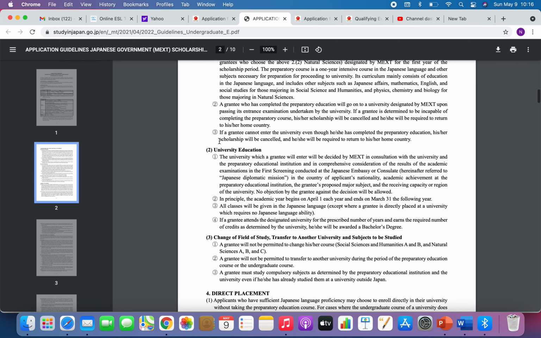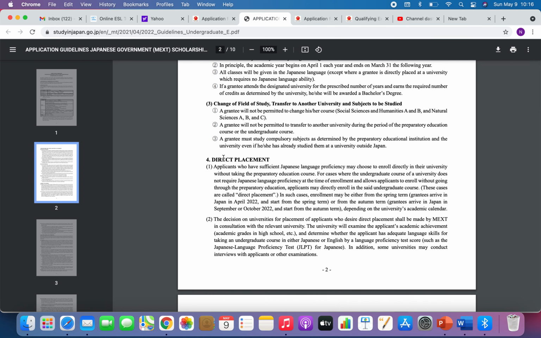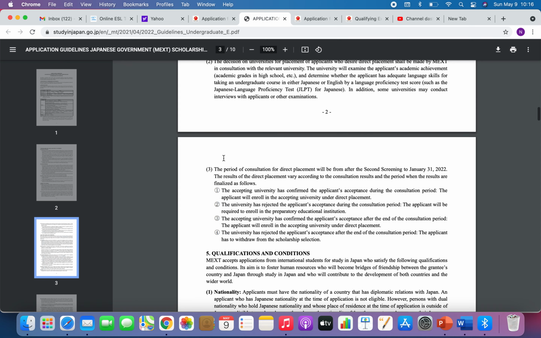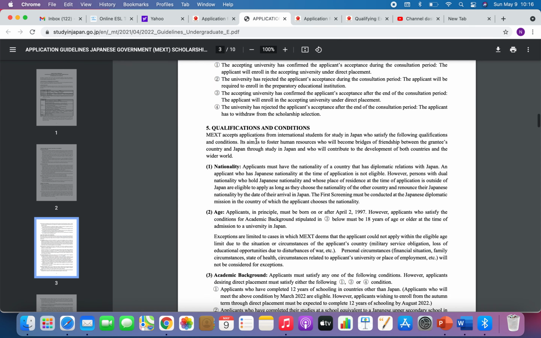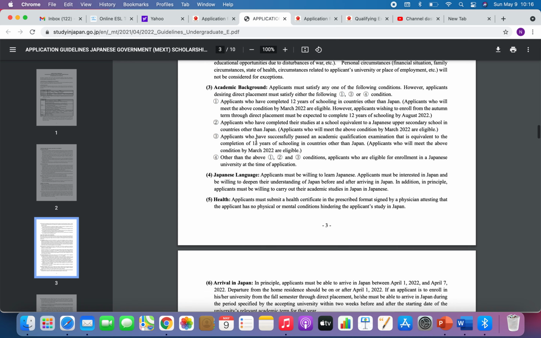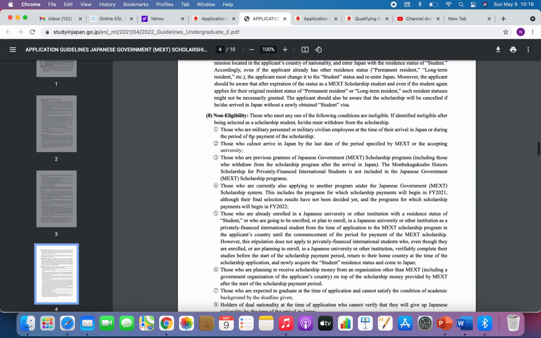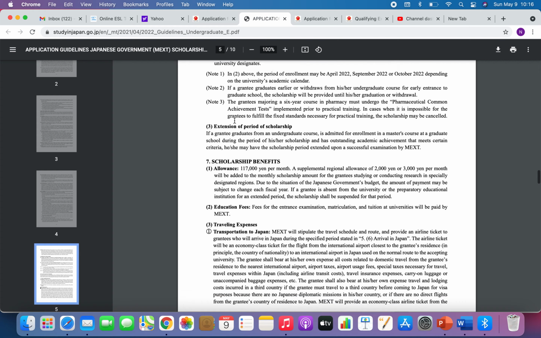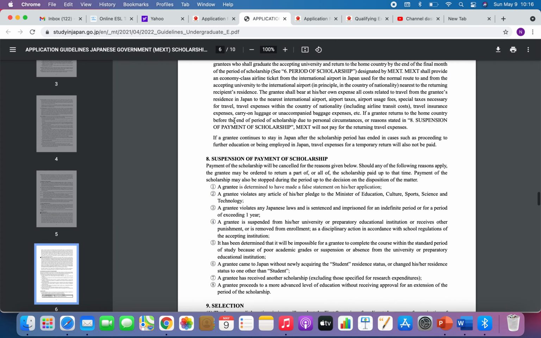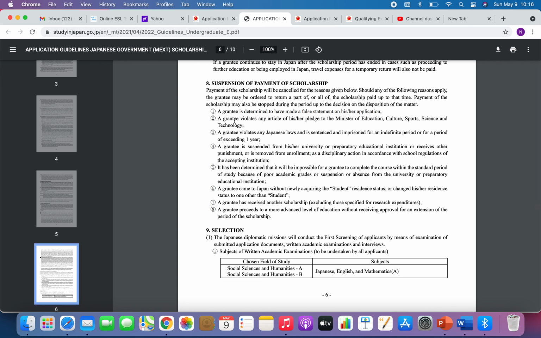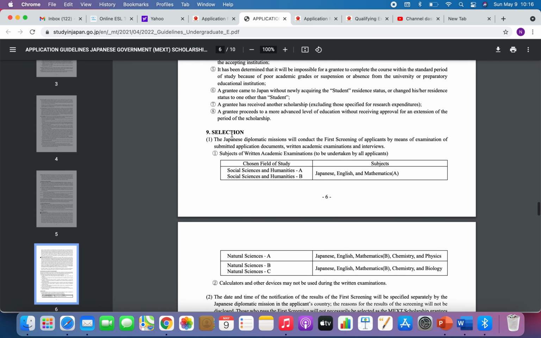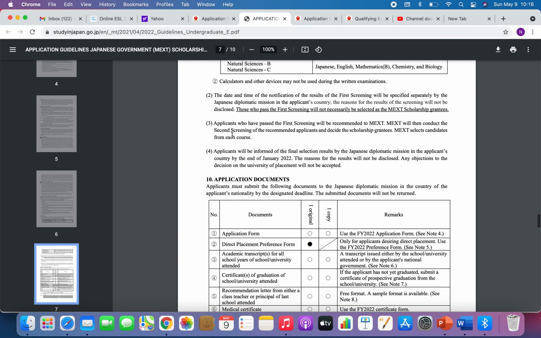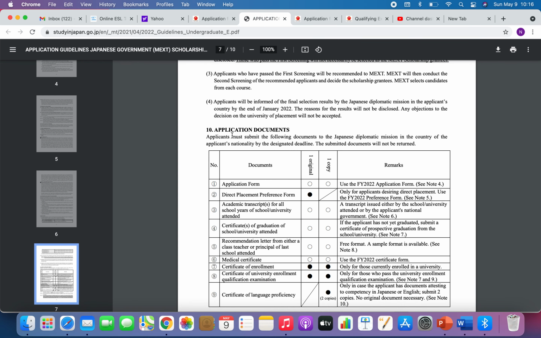It tells you other things which you should read, tells you about direct placements, the qualifications and conditions that you should meet to apply for the scholarship, things that can make you non-eligible, the period of the scholarship benefits, suspension of payment of scholarship, so things that might cause you to get your scholarship suspended, and then the selection criteria and the documents that you have to provide.